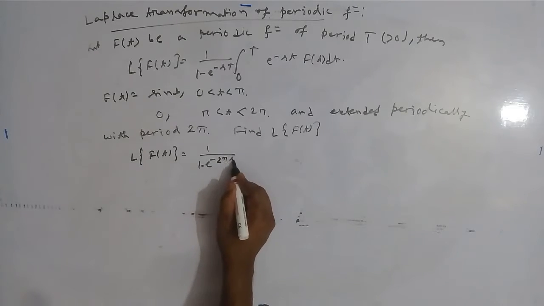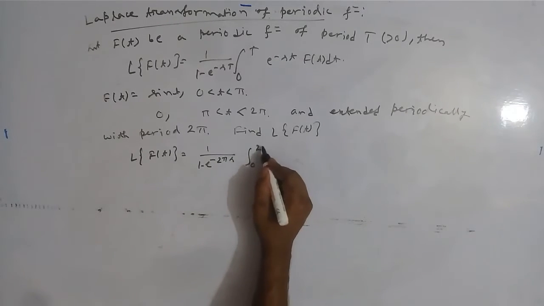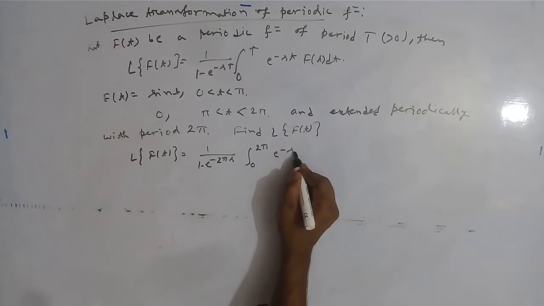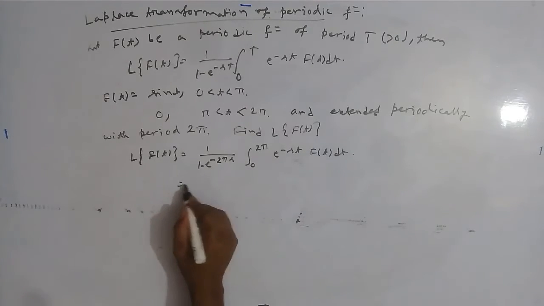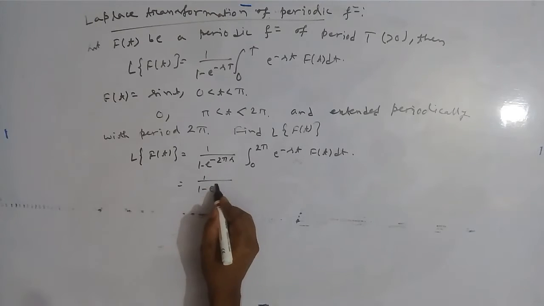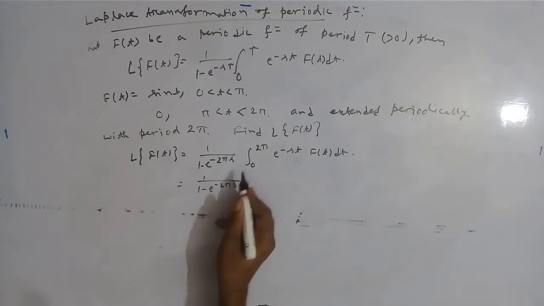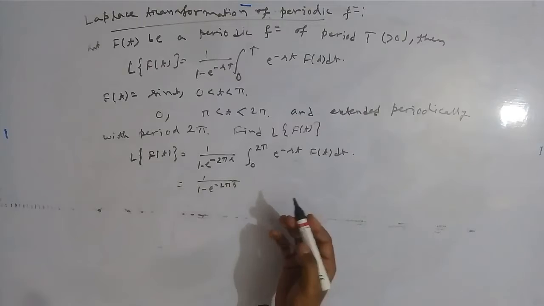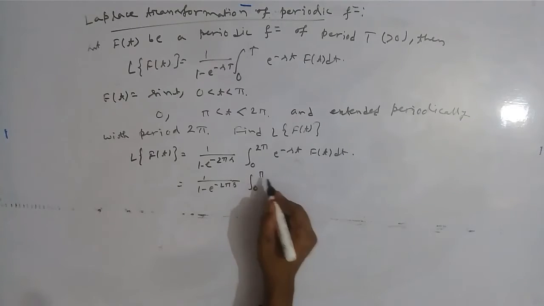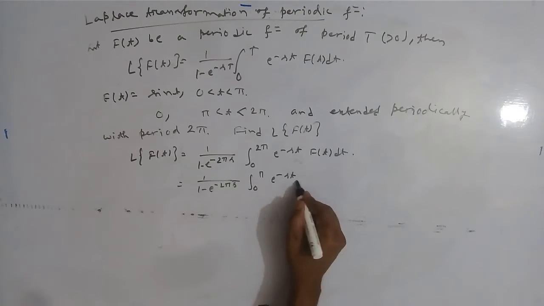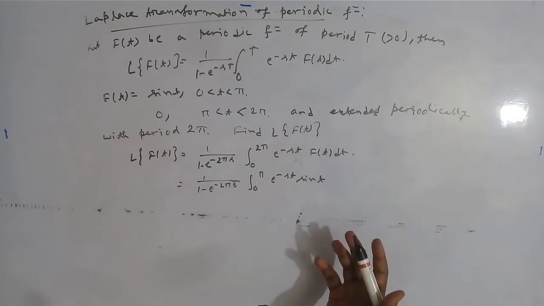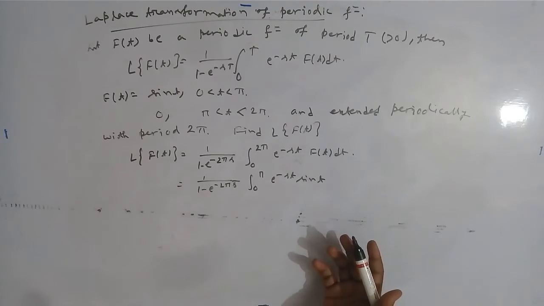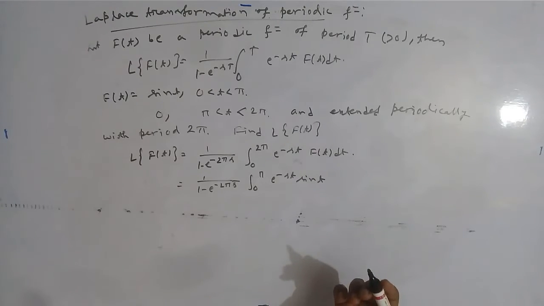So 1 by 1 minus e to the power minus 2 pi s, into the integral from 0 to 2 pi of e to the power minus st f(t) dt. Now we have to split this integration according to the given function. It will be the integral from 0 to pi of e to the power minus st sin t, and on the remaining interval it is 0.